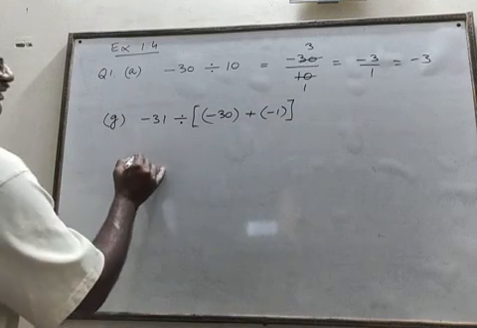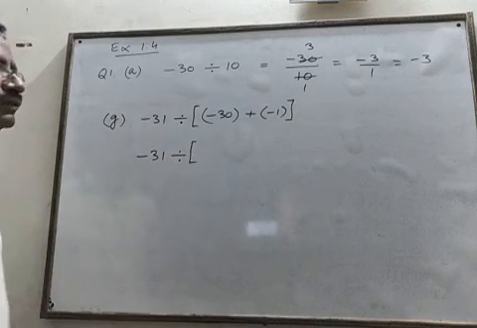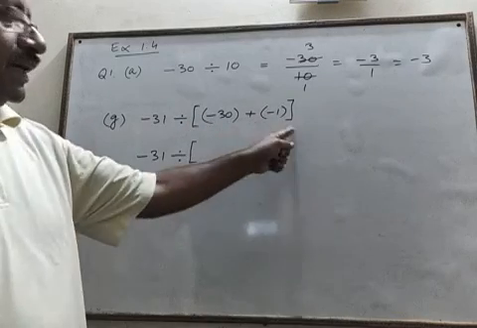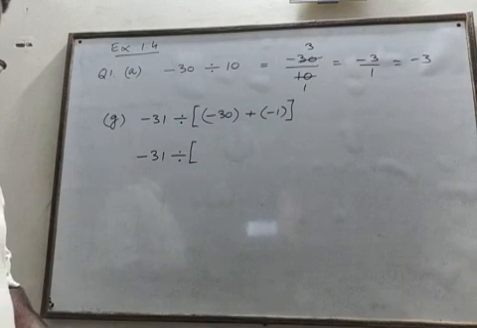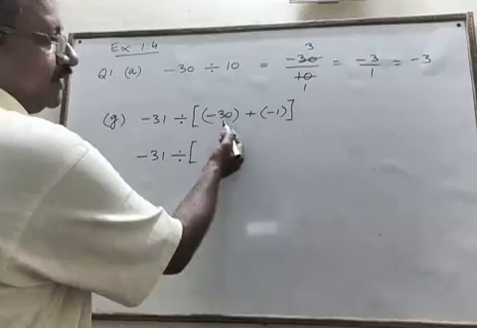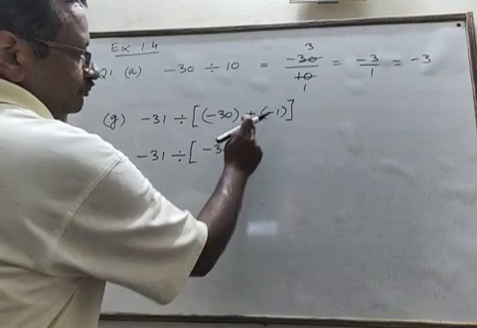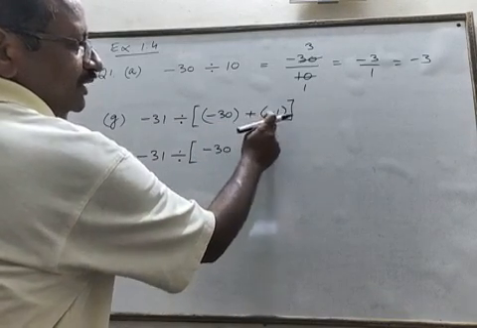So minus 31, according to the BODMAS rule, first of all we will solve the bracket. When the bracket is not able to be solved, then we will open it, but here we can solve it. Minus 30, make the combined sign according to the chart.